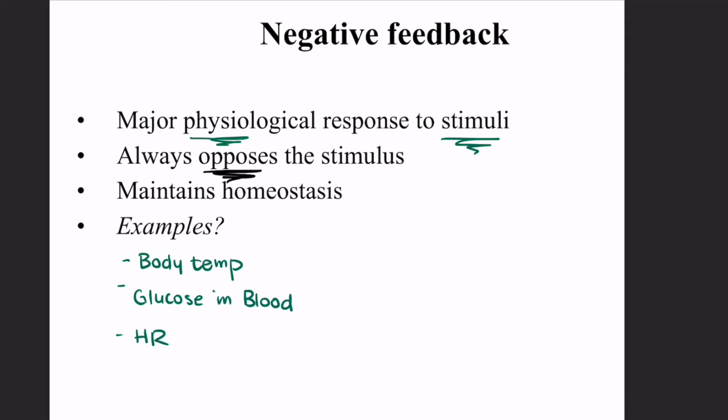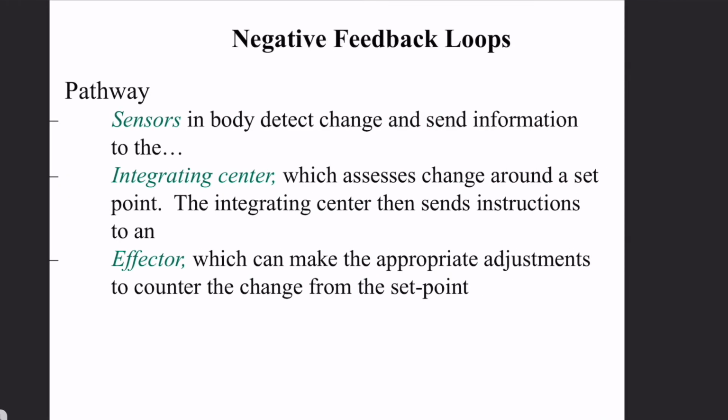The way that our body uses negative feedback is by these negative feedback loops. They have these specific pathways, and each pathway has each of these three parts. We have sensors in our pathway that are going to sense change or sense a stimulus. These also might be known as receptors, or sensory receptors. We're going to have an integrating center.